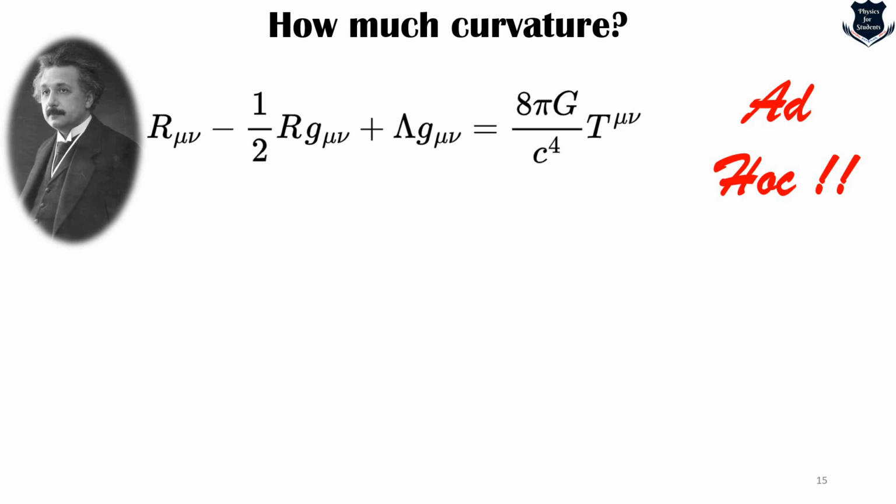In essence, Einstein seemed to have decided that the source should be T mu nu, and on the left hand side it should be a curvature tensor, and the right hand side would just match, that is, it is divergence free and has the right number of indices. I would say that is not wrong, because Einstein's original derivation of the field equation is indeed ad hoc.